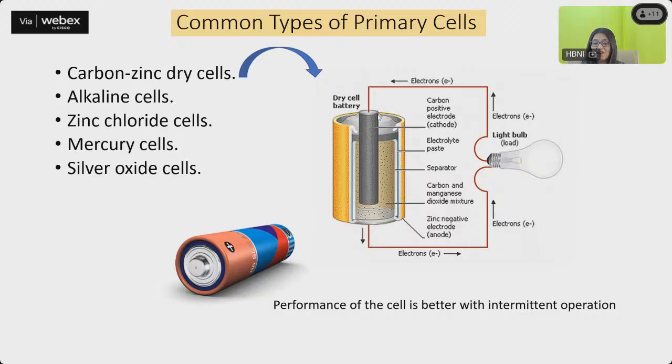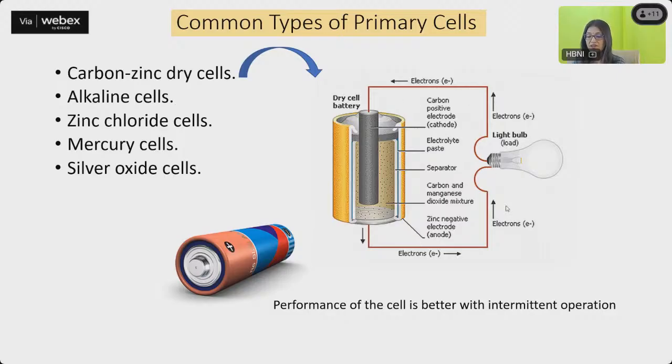So what is a dry cell battery? Over here, you have a carbon positive electrode, which is the cathode. You have an electrolyte paste, a separator, and in the electrolyte, a carbon and manganese dioxide mixture. The negative electrode is made of zinc.